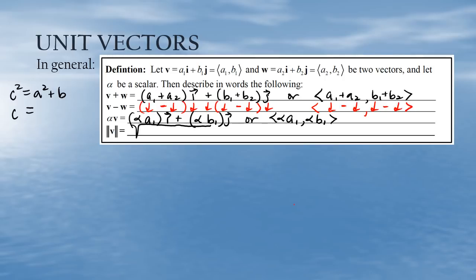So I know that what ends up happening is I have to take the square root. So I'm just going right to that square root part. In other words, I don't want to know what the magnitude of the vector squared is. I just want to know what the magnitude is. So I'm going to say that this is equal to the square root of the horizontal component squared plus the vertical component also squared.